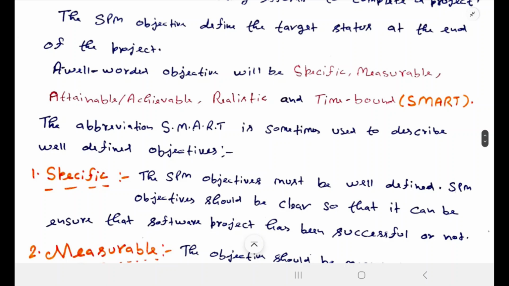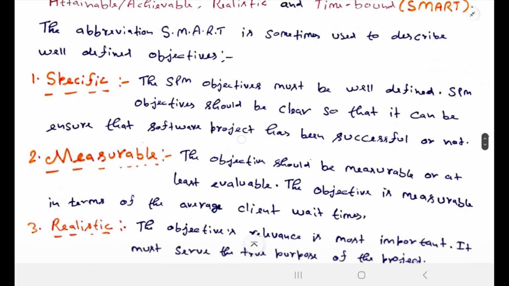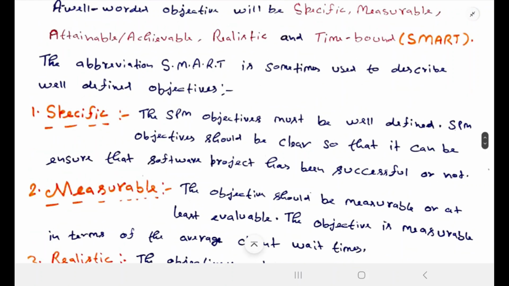SMART is specific, measurable, attainable or achievable, realistic and time bound. You can remember one thing in your mind, that is SMART. By SMART you can write or learn these objectives clearly.